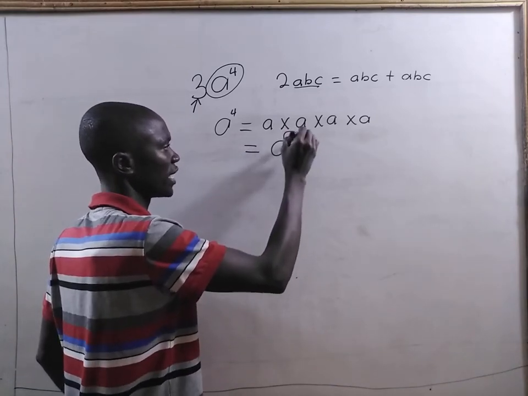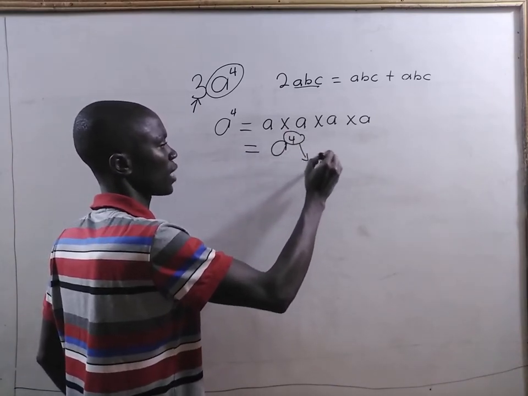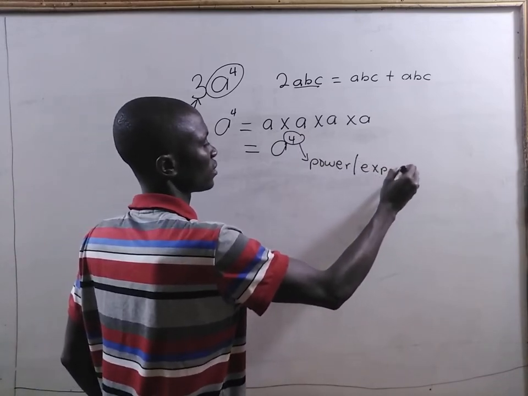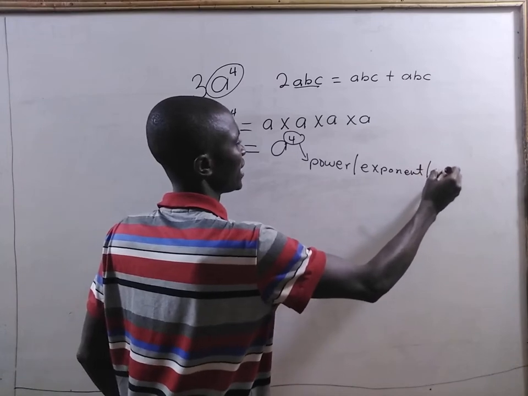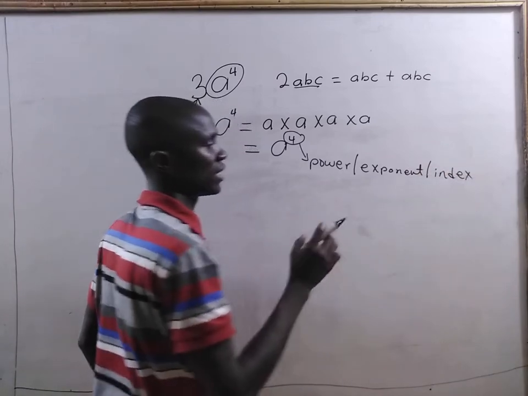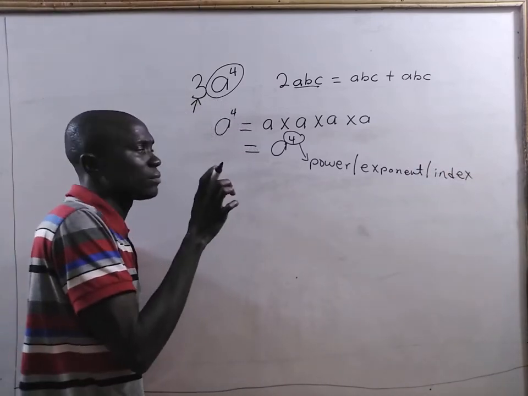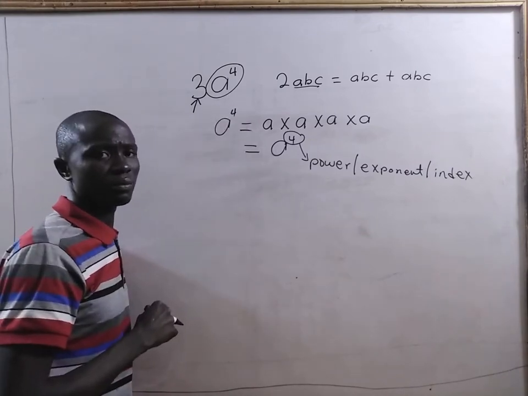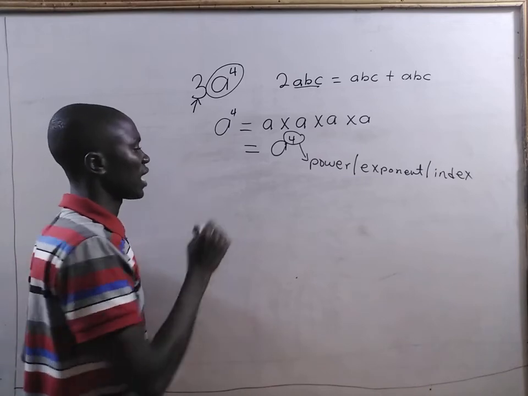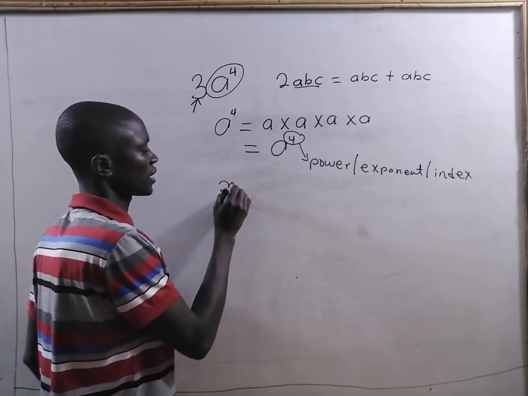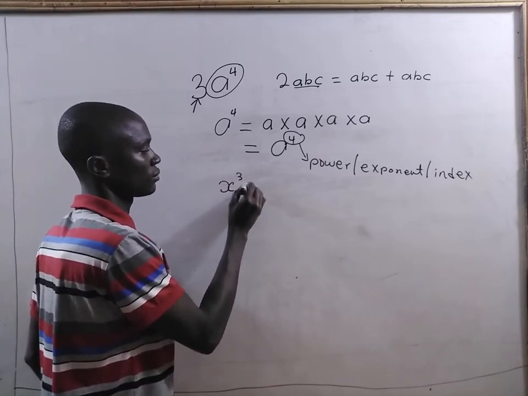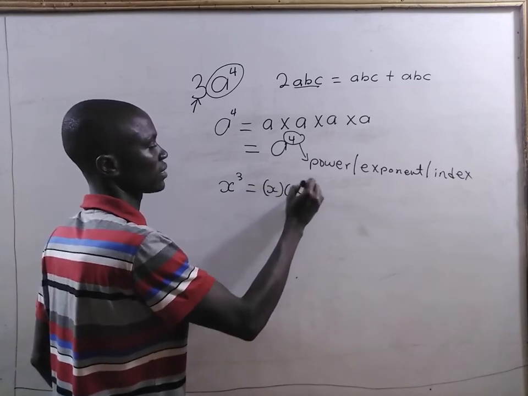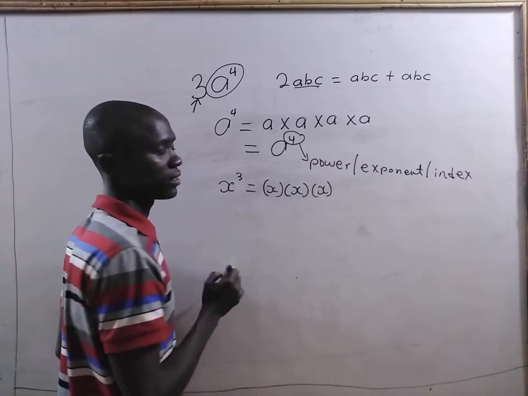The 4 here is called the power or the exponent or the index. It is telling us the number of times this variable is multiplying itself. So if I have, let's say, x cube, it means that I have x times x times x.